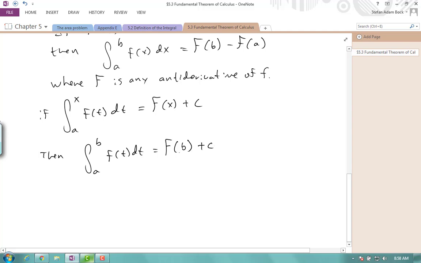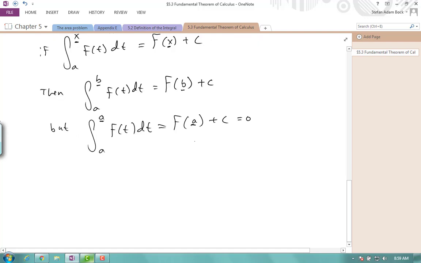And here I'm just replacing the x's with b's. But also using the same technique, the integral from a to a of f of t dt is equal to big F of a plus c. And here I'm replacing the x's with a's. But I also know that this is supposed to be equal to 0. In particular, this says that c is equal to negative big F of a.